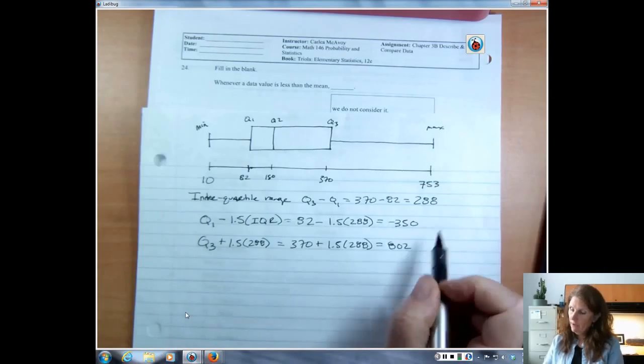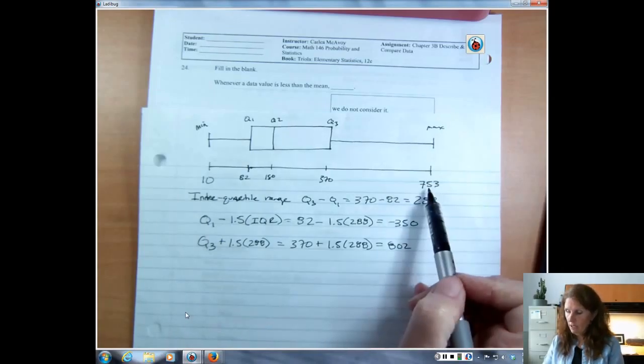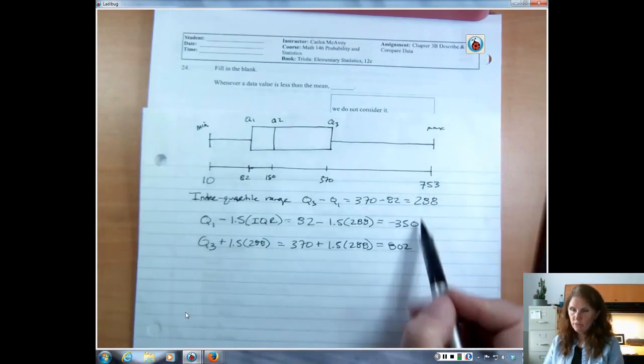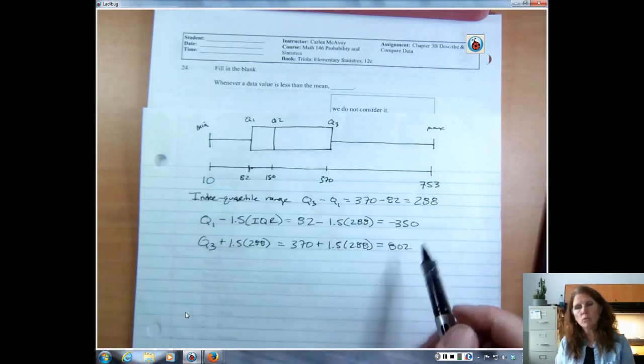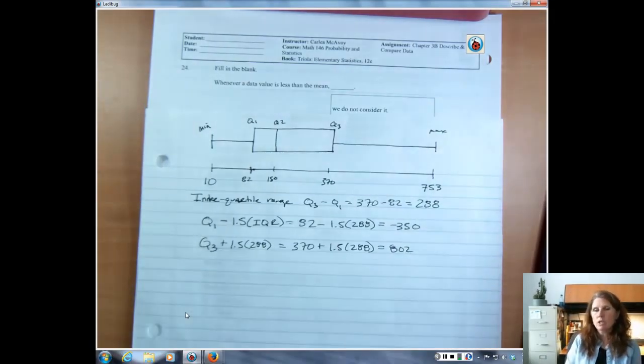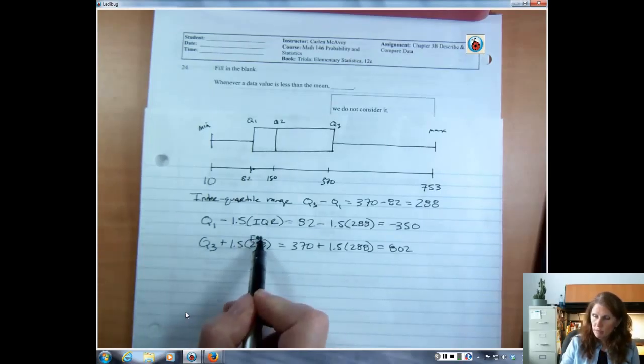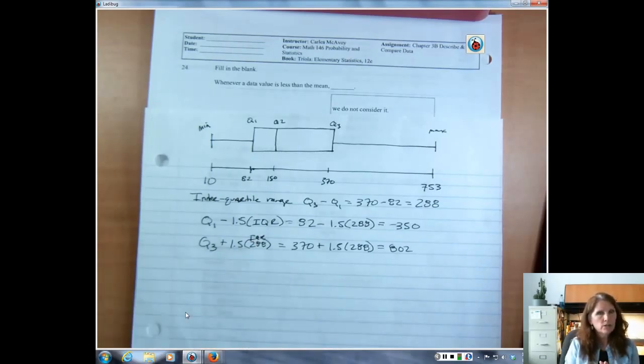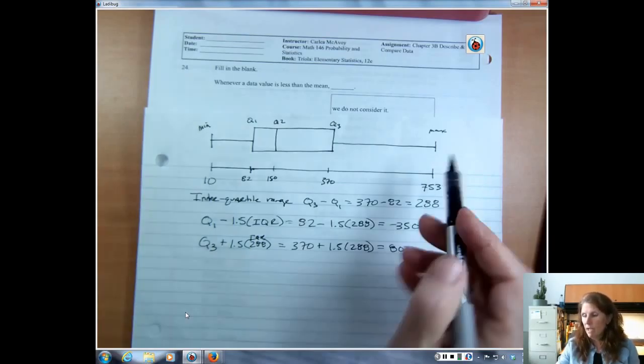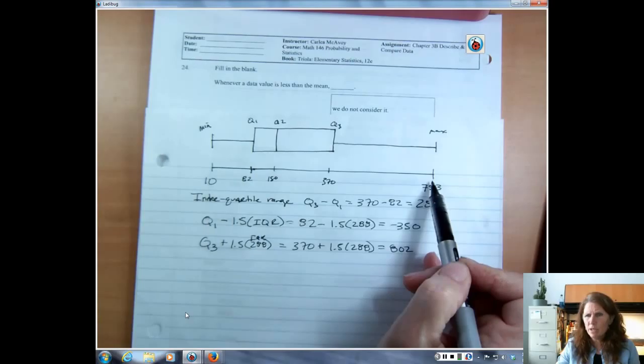And I have a value that's 753, so it's okay. This gives you the range from the interquartiles. Oh, I should have written IQR here, but I wrote the actual number. That's the range of values that you're okay with, and you say, okay, I don't have an outlier because my maximum value was 753, so I'm good.